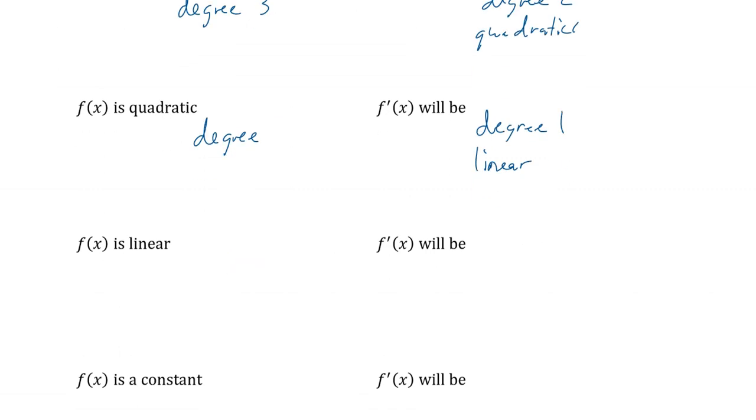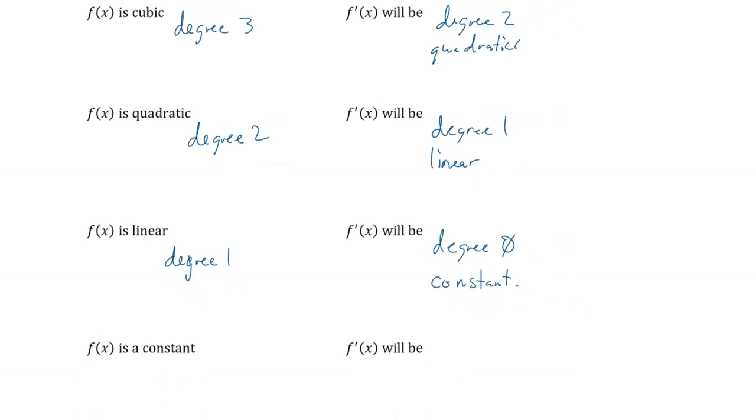If f at x is linear, that's degree 1. Degree 1, degree 2. f prime at x will be? Constant. Good. Degree 0 constant. We saw that. If f at x is a constant, degree 0, f prime at x will be what?